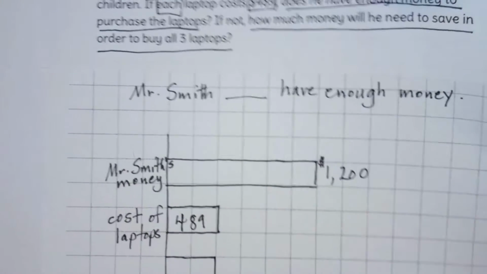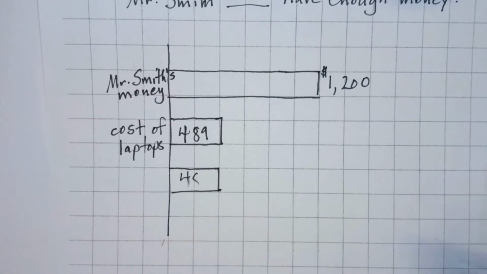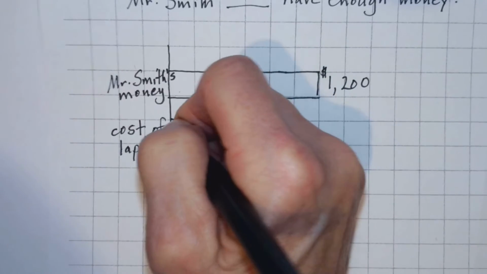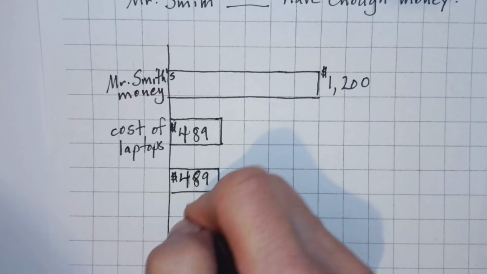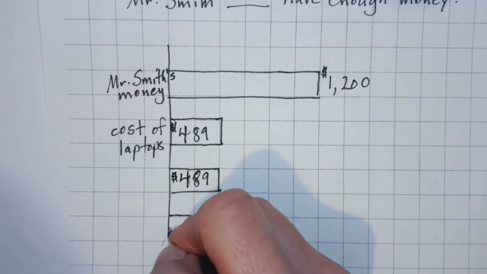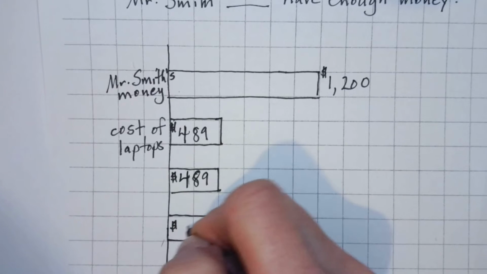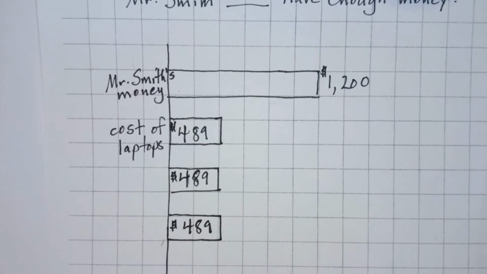So I'm just going to make these bars to show how much you will need. Okay, because he wants 3 of them.